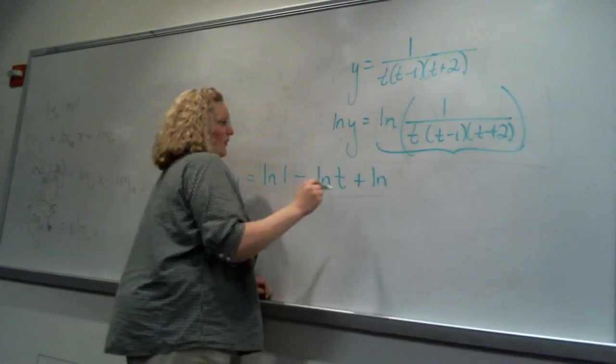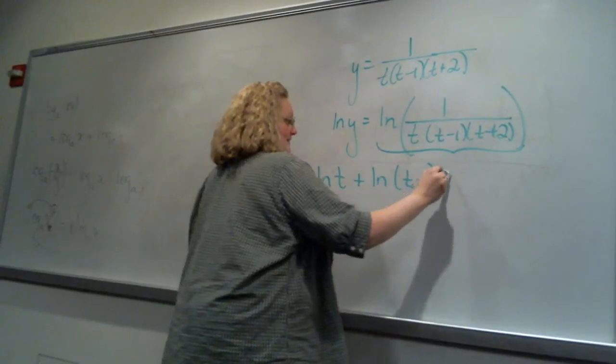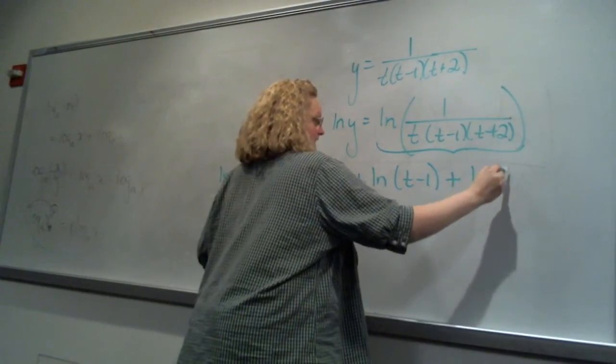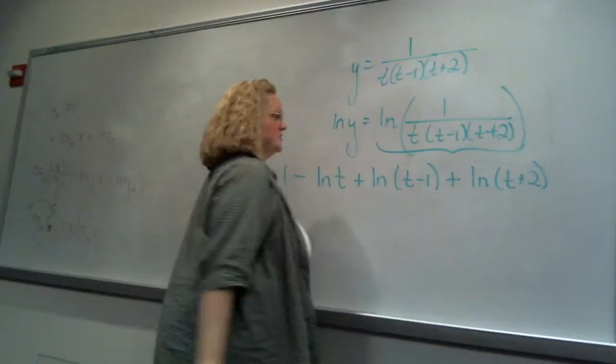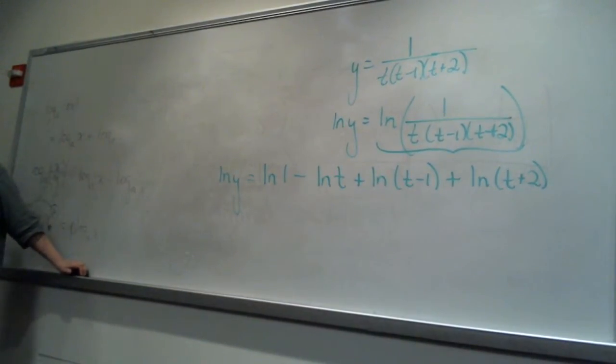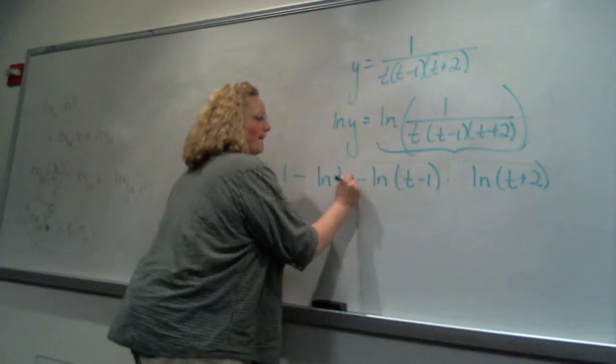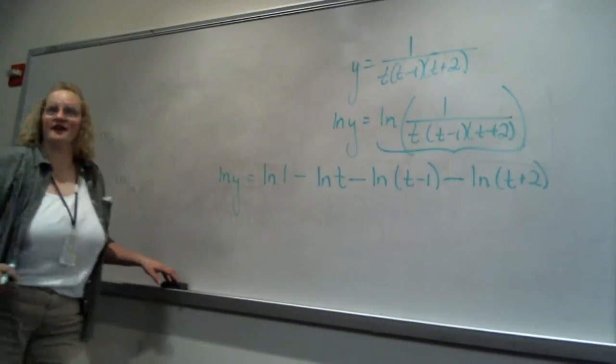Plus ln of what? t minus 1, keep going. Do you agree? I don't agree. Why? You carry the minus sign through. Remember, any factor that's in the denominator of a logarithm has what sign in front of its log? Has to have a negative in front of it.